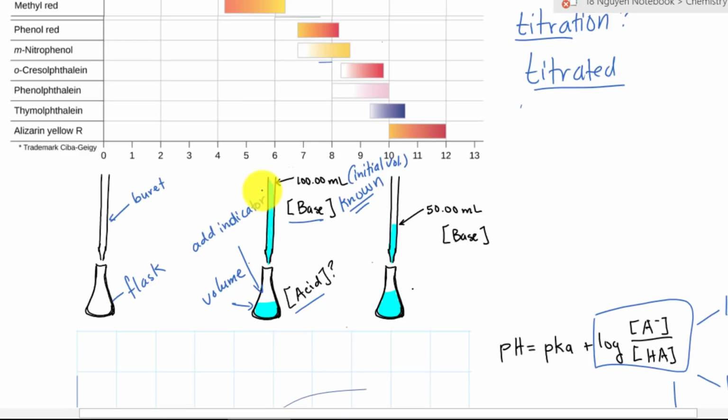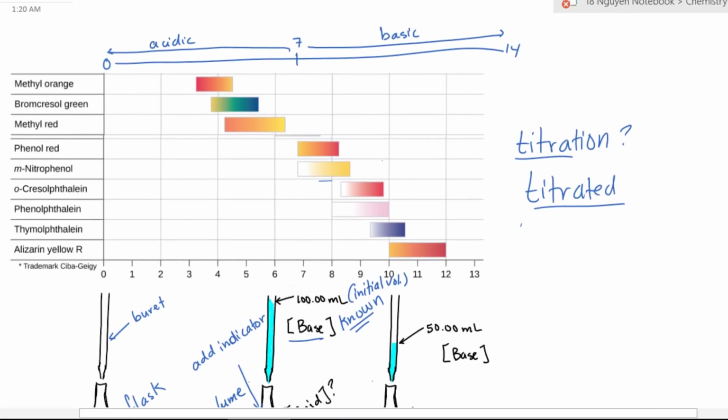Now, what are indicators? Basically, there are multiple indicators, and most of the indicators are weak acids, okay? What's so special about these indicators is that different indicators have different colors, and this color happens in a range of pH. So what does that mean?